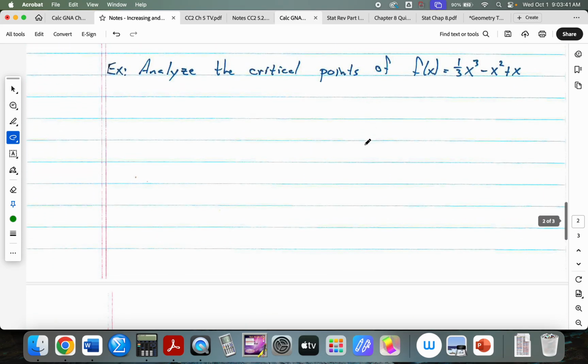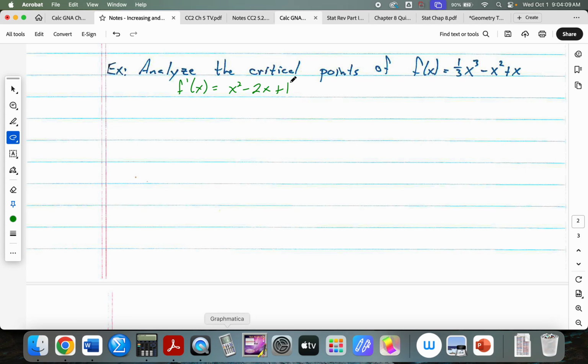All right, let's look at this. Analyze the critical points of f of x is 1/3 x cubed minus x squared plus x. All right, so f prime of x is equal to x squared minus 2x plus 1. Again, are there any places where the derivative doesn't exist?